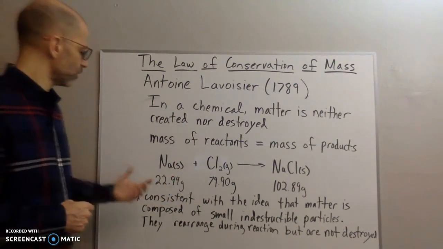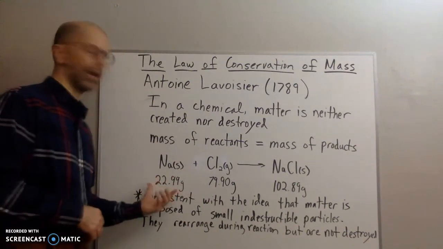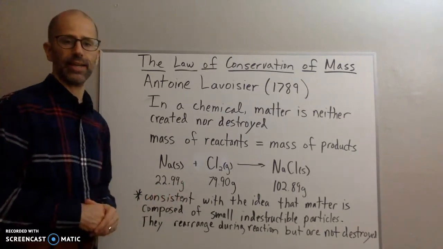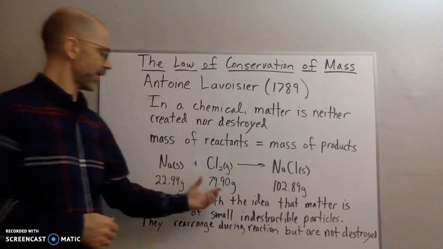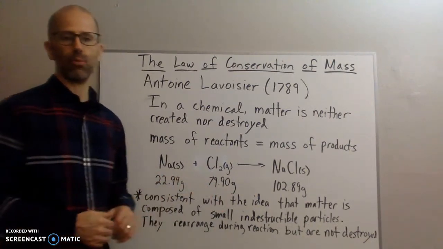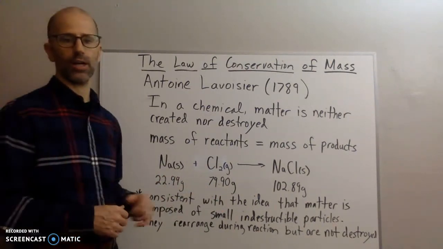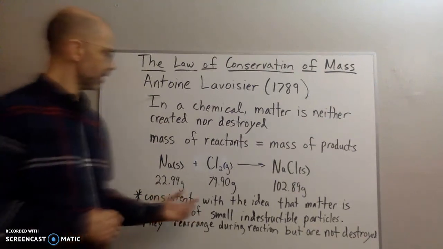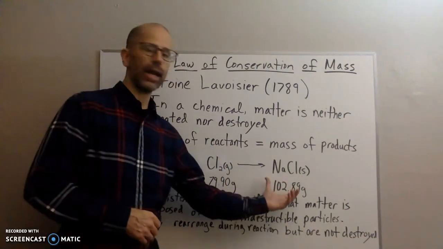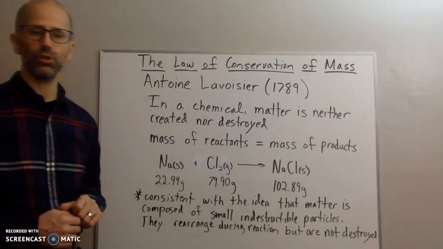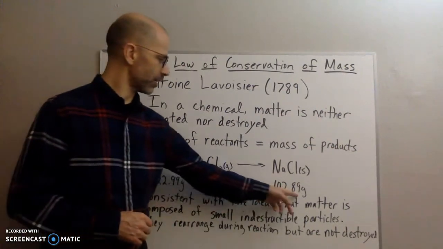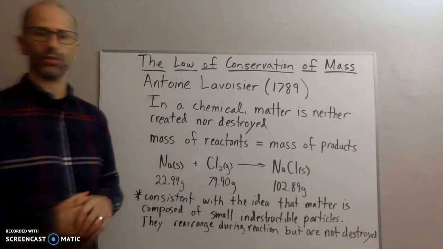Okay, so an example of this would be if I had 22.99 grams of solid sodium metal, and I react that with 79.99 grams of chlorine gas, then when I collect the salt that's formed, I should get 102.98 grams of salt.